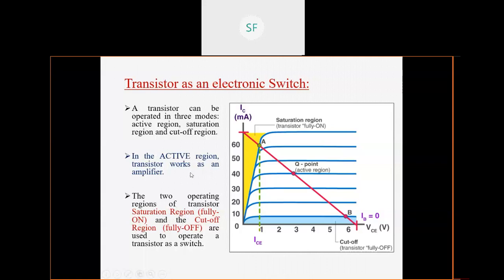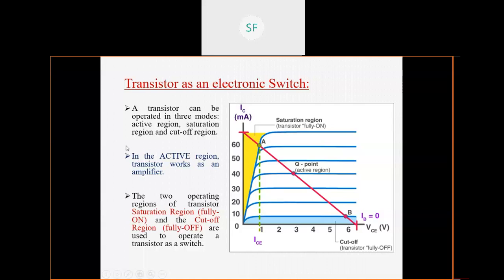So if anyone asks you in which regions your transistor should operate while using it as a switch, in order to use your transistor as an electronic switch, it should operate in two regions, saturation and cutoff. है ना, स्विच की दो स्टेट होती हैं ना, ऑन एंड ऑफ. So like that.